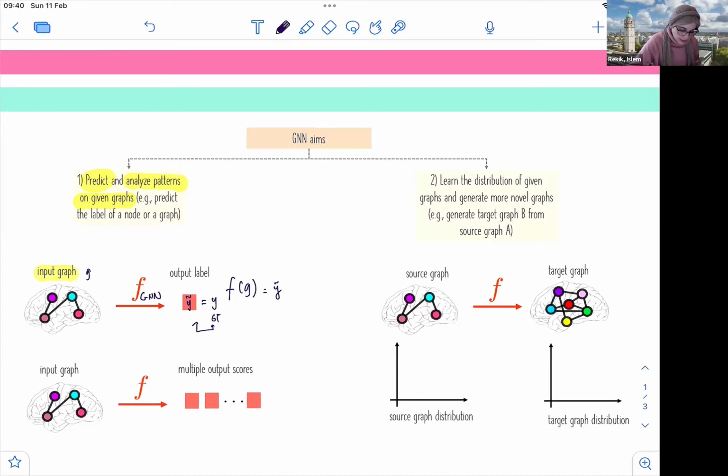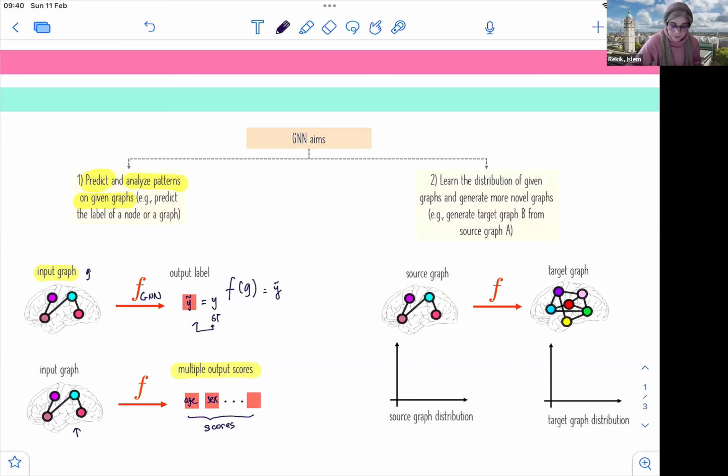We have also seen the example where we're predicting multiple output scores, so we have seen multivariate regression. And here you can see that we have many scores to predict. For example, for this brain, we want to predict the age of the brain. We also want to predict the sex, whether it's a brain of a female or a male.